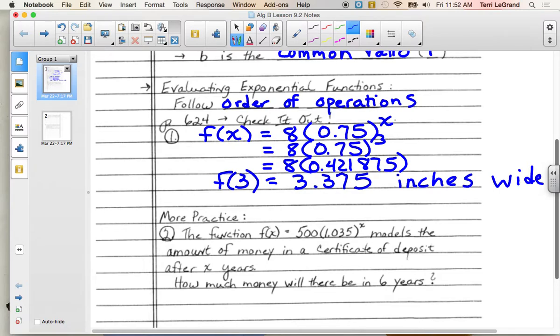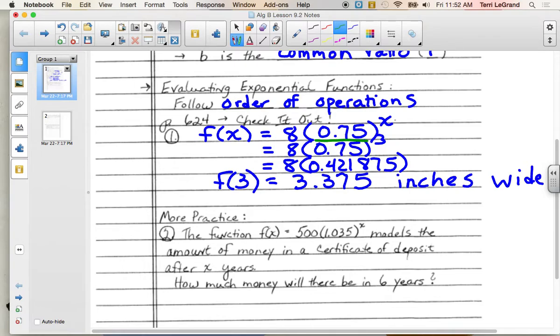Now, notice, what's our B value? Is it greater than 1, or is it between 0 and 1? Just kidding, it's between. Our B value was between 0 and 1. And what do we say should happen when our R value is between 0 and 1?